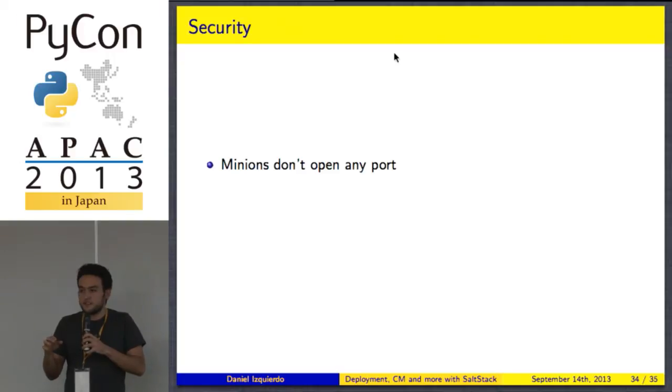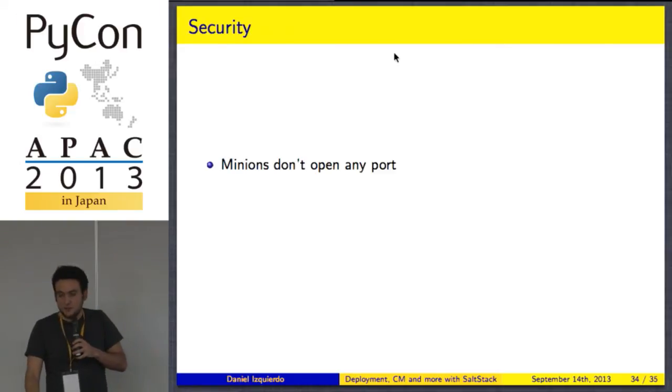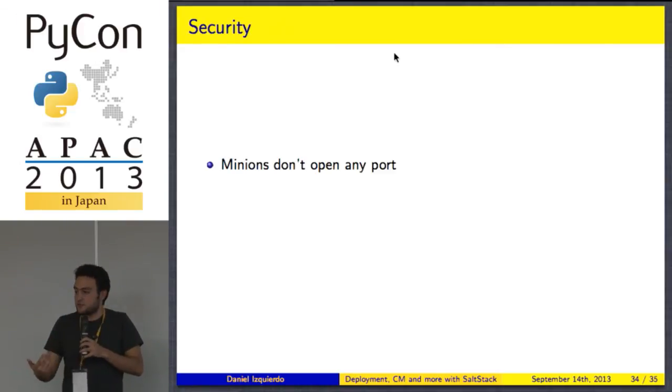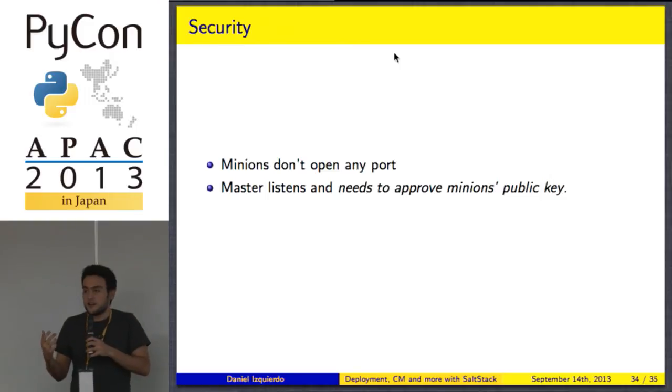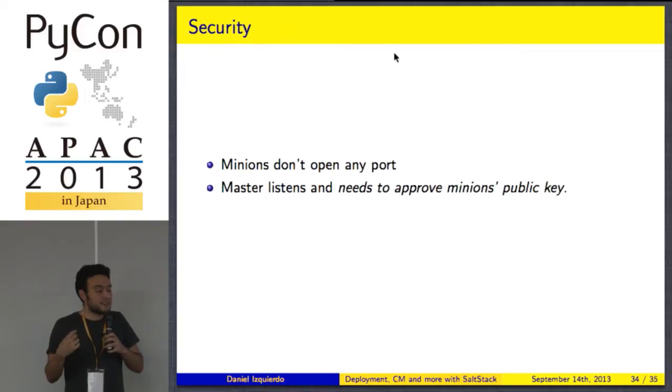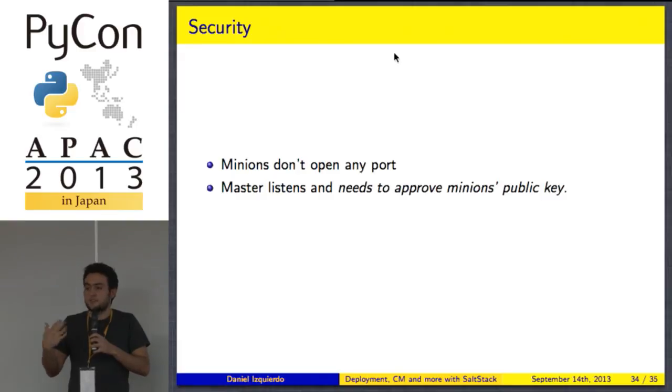So basically, there isn't any special firewall configuration that you need to run on the minions, and the minions will just connect to the master, which opens 2 ports, as I said before. The master listens on these 2 ports for incoming connections, and then the master needs to approve a public key sent by the minion.